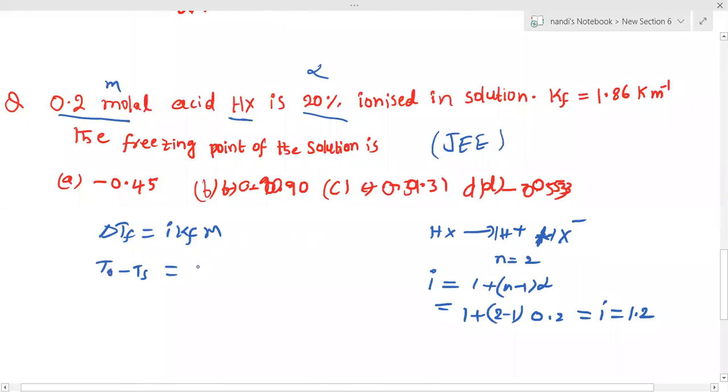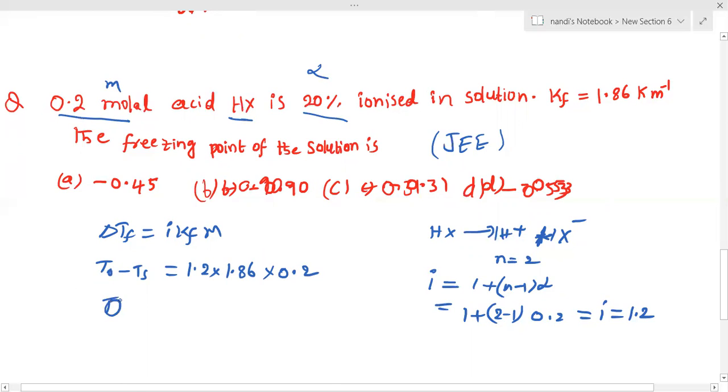Now you can check it here. The i value we got is 1.2, into Kf value 1.86, into molality, this is 0.2 molal. Clear? If you multiply everything, check how much value we are going to get. T naught is 0 degree centigrade.